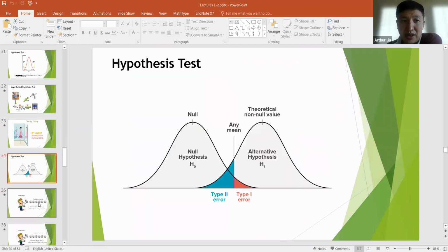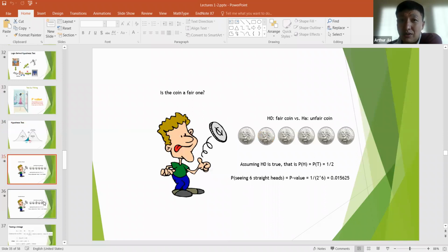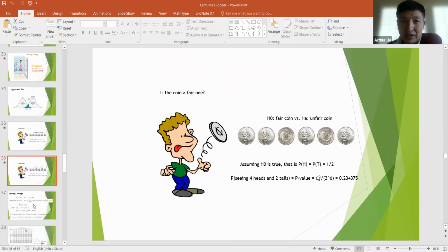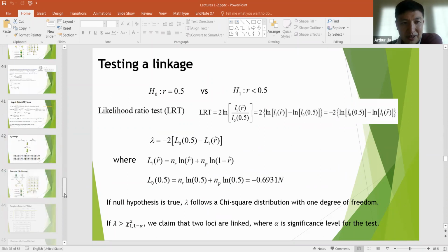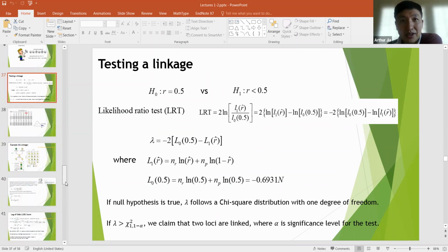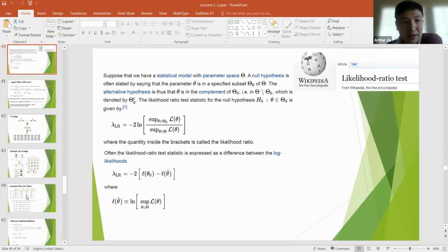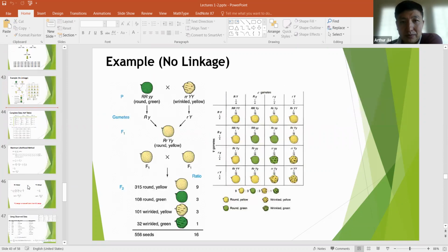So we usually put the null hypothesis on trial to test if your data support the null hypothesis or not. So you need to know the logic, the reasoning behind this. Okay, that's for chapter 2.